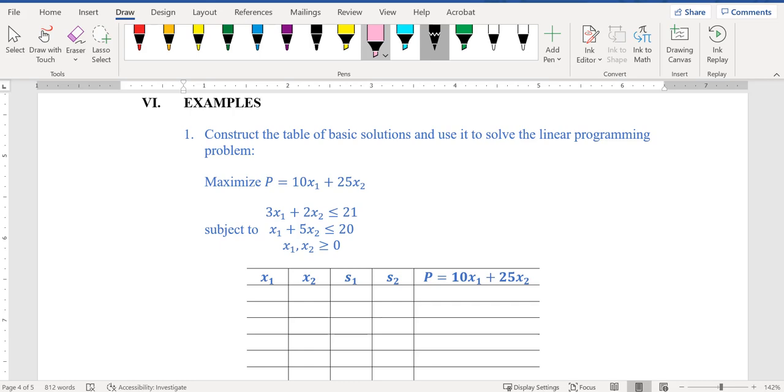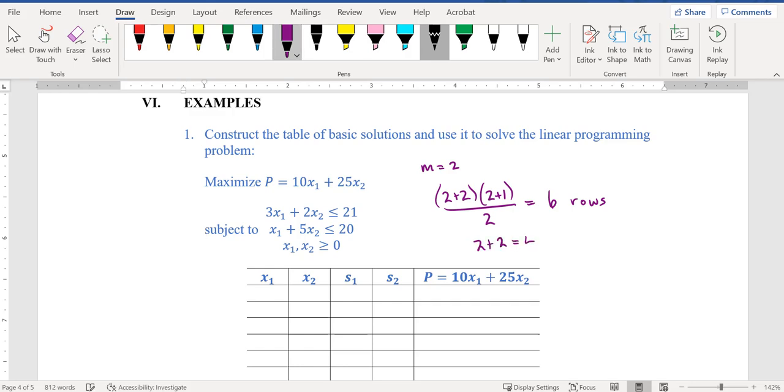We have two variables, x1 and x2, so m is 2. We're going to have (2 plus 2) times (2 plus 1) over 2, so 4 times 3 is 12 divided by 2 is 6 rows, and m plus 2, so 2 plus 2 is 4 columns.